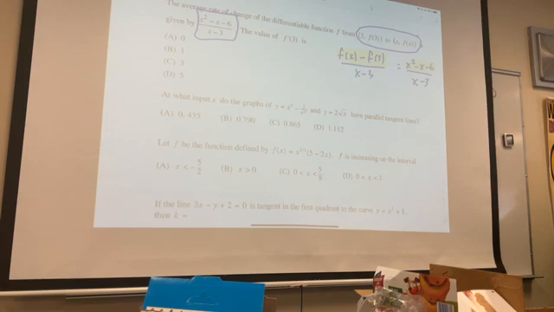Any ideas? I have an idea of what I want to do, but I want to see you guys think. Yeah, because I don't know what f of 3 is, right? Isn't that the problem? That's the whole problem. I don't know what f of 3 is.